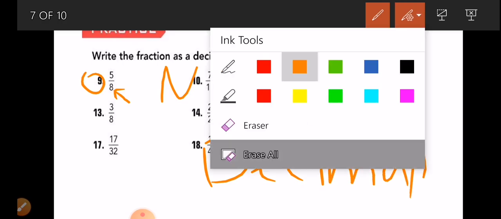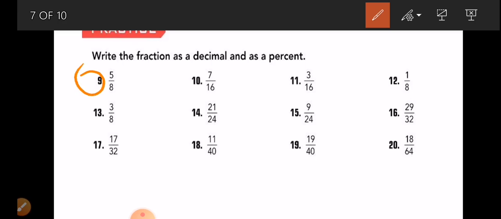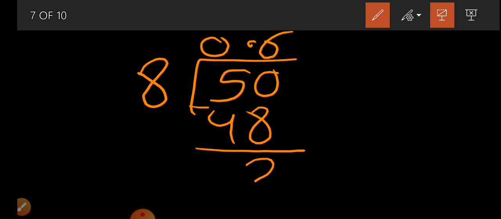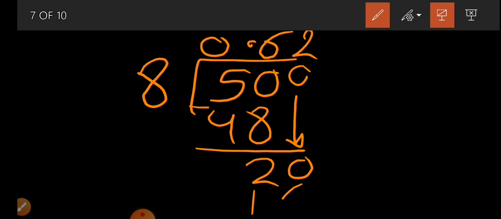Let's do it. 5 divided by 8. 5 inside, 8 outside. It's 0, then put decimal, add here 0. 50 divided by 8 will give me 6. 6 times 8 is 48. 50 minus 48 is 2. I can add more 0. So now 20. Then I can put 2. 2 multiplied by 8 is 16.